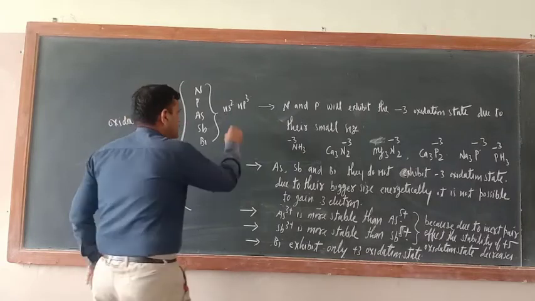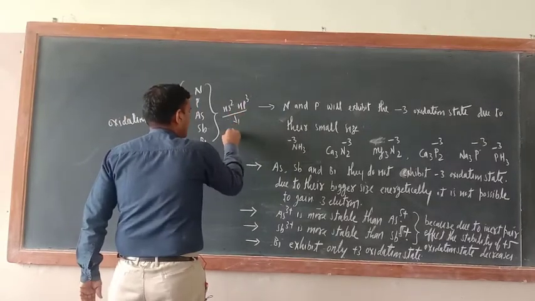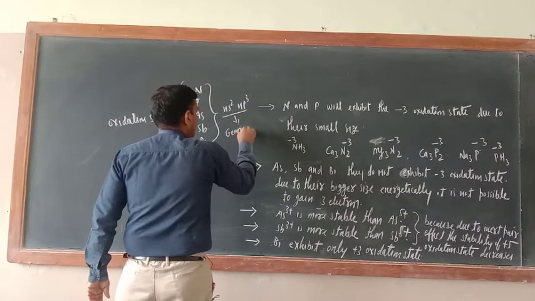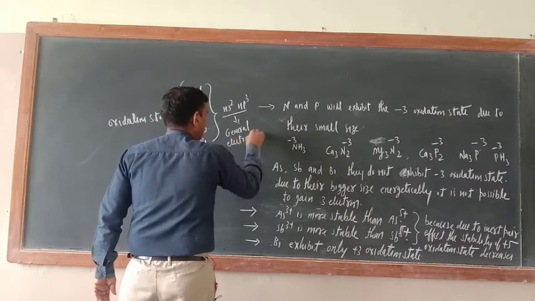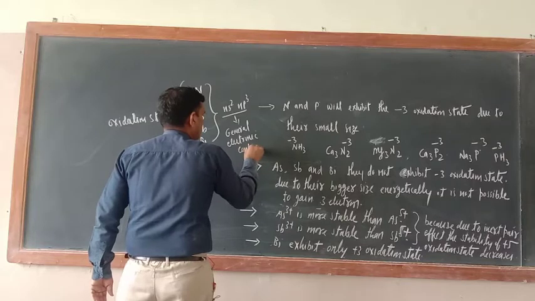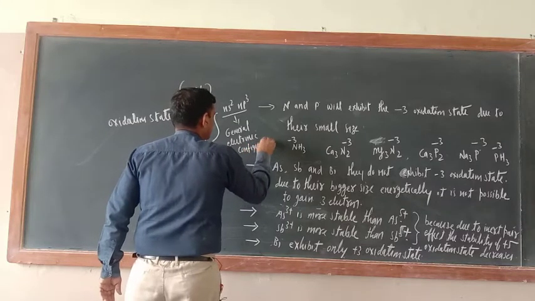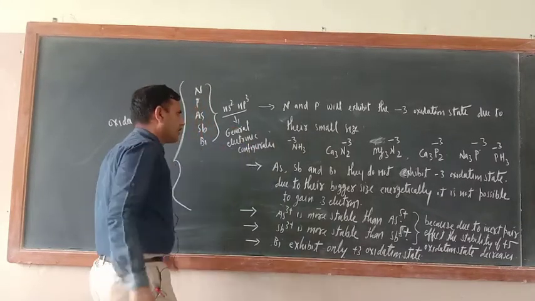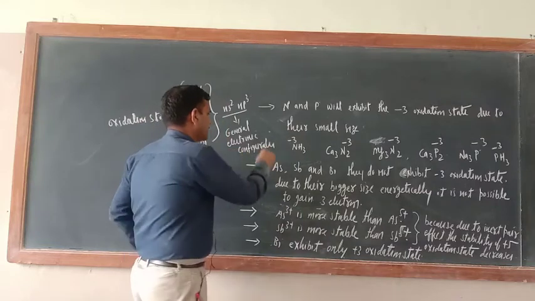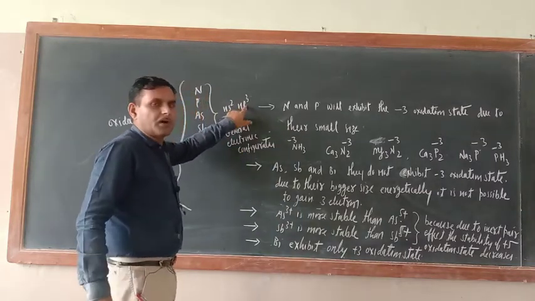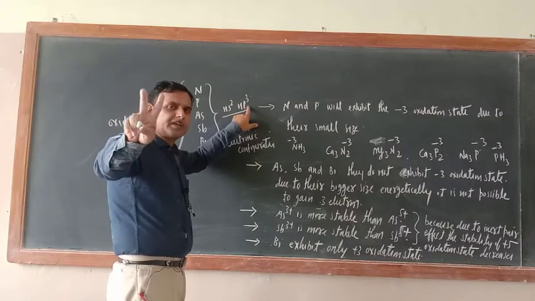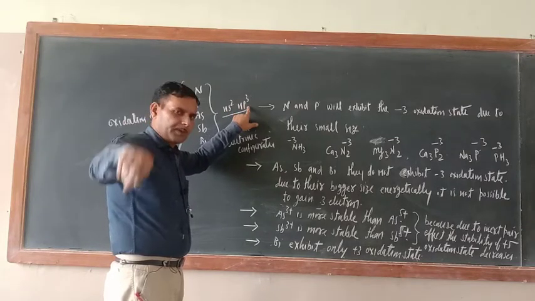This is their general electronic configuration. Now just try to understand here. If the p orbital has 3 electrons, its octet will be completed.